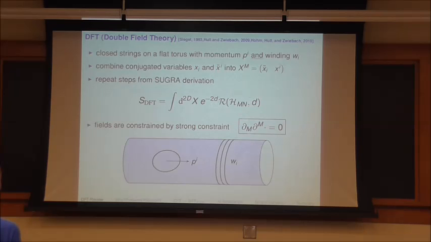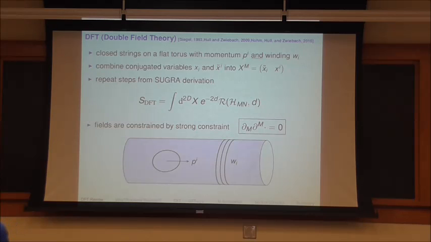So it really looks a little bit like an Einstein-Hilbert action. This generalized Ricci scalar depends on the so-called generalized metric. So it describes curvature of this generalized metric. And this is the action. We will have a detailed look at this in a second.